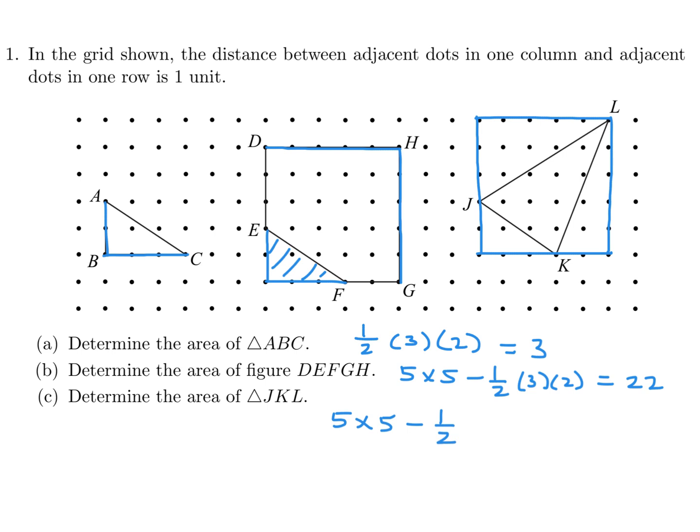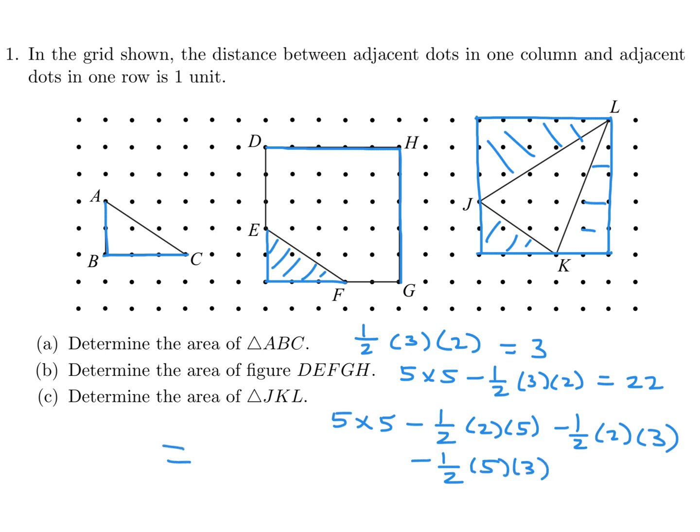So 1/2 base times height for this one is 2 and 5, and then 1/2 base times height for this one, which is 2 and 3. 1/2 base times height for this one, which is 5 and 3 for the dimensions. And when you crunch out all these numbers, if I have done this properly, it should be 9.5.